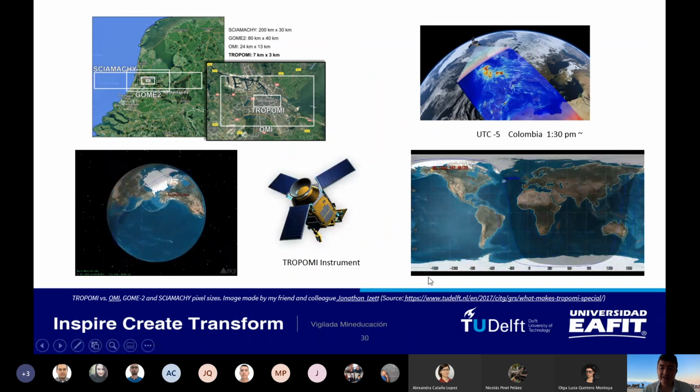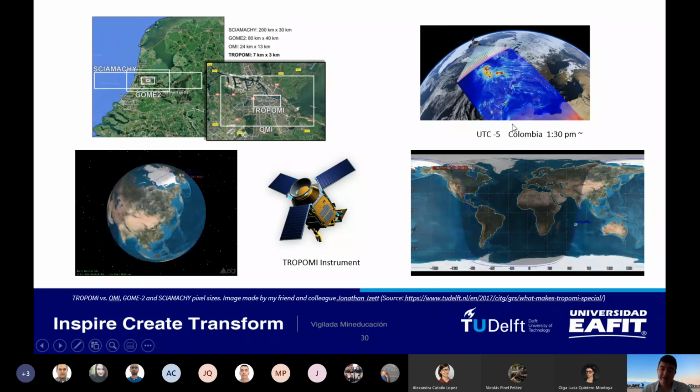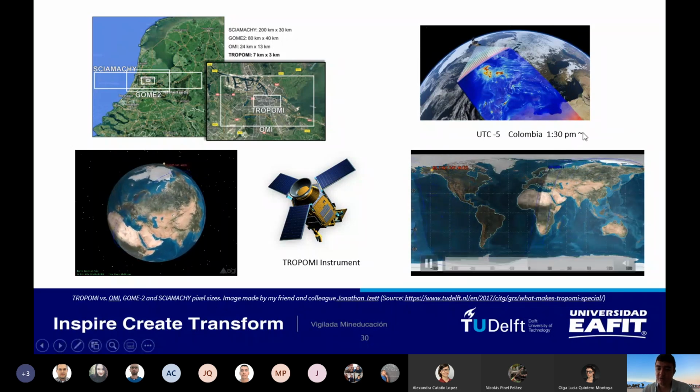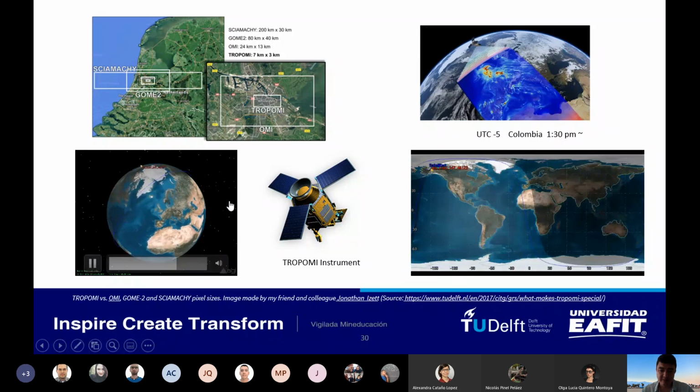So it means that the satellite can cover the whole globe daily, having one or two overpasses depending on the layer over Colombia around 1:30 p.m. This is the comparison of the pixel resolution, and it is very important information.